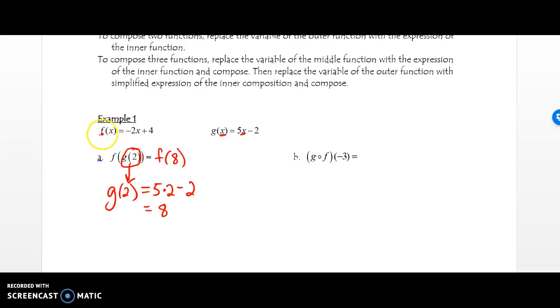So now we look at function f of x. We're going to take out the x and put the 8 in. So negative 2 times 8 plus 4, and we get an answer of negative 16 plus 4 is negative 12.